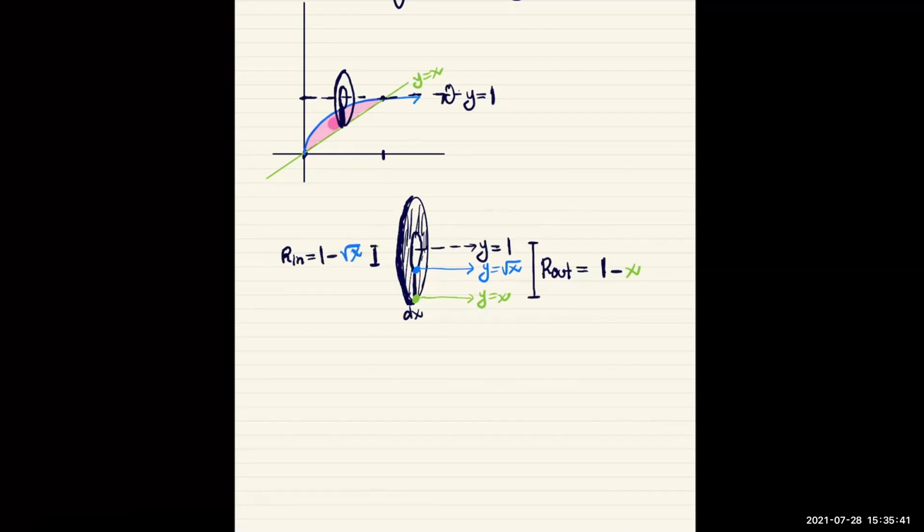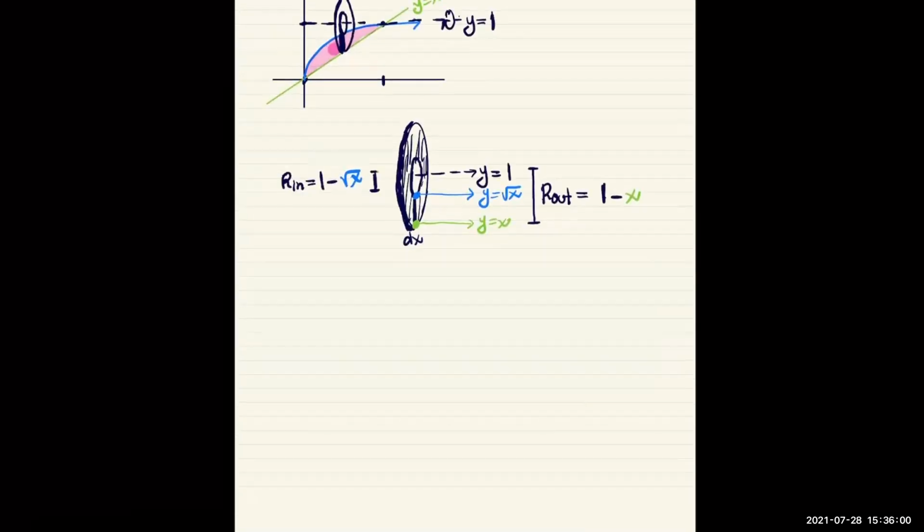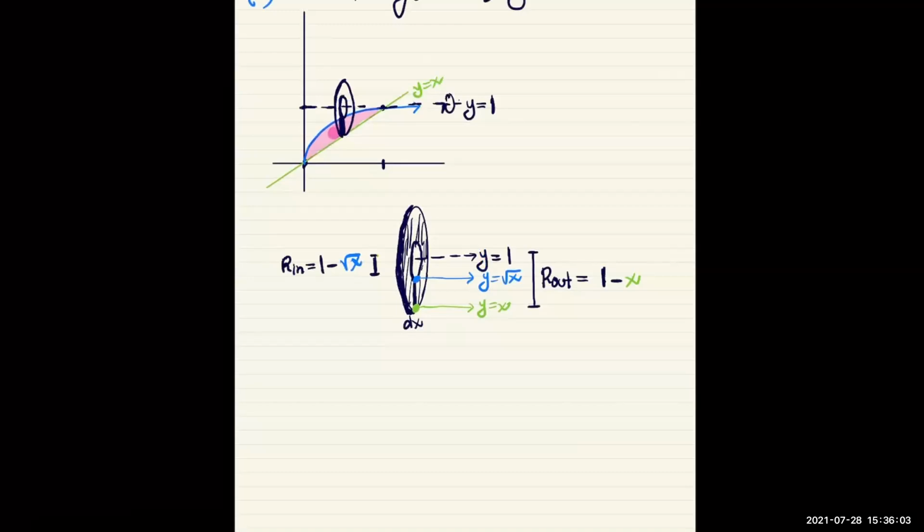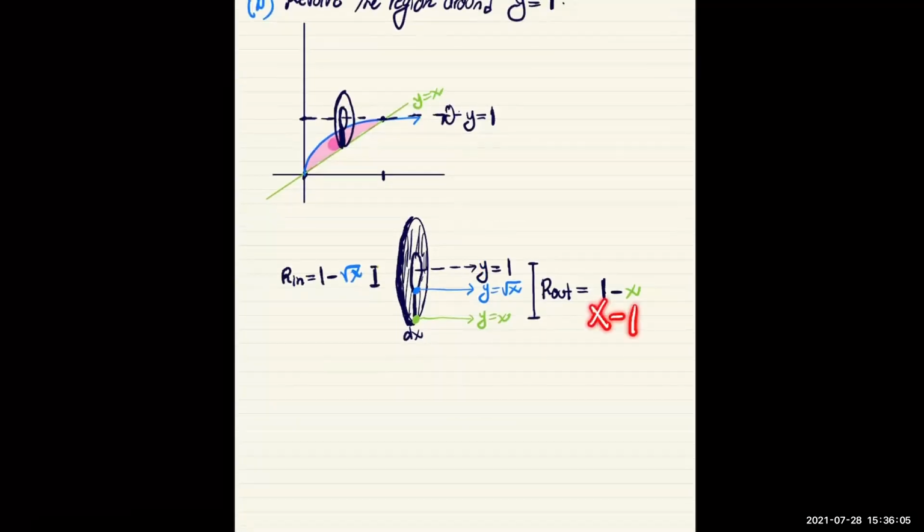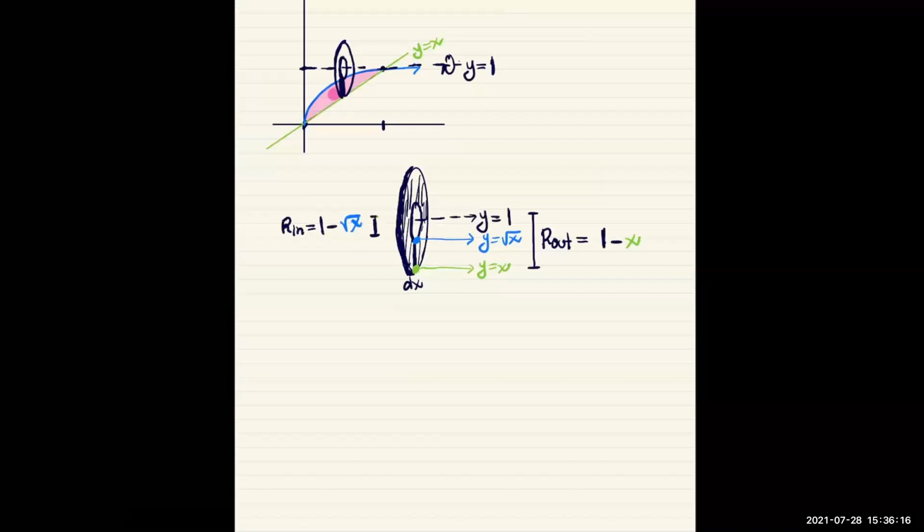If you do root x minus 1, if you were to change the order of these, then the quantity is going to be negative. And that makes absolutely no sense. You don't want a negative radius. Radius has to be positive. Same goes for this one. Like if I do x minus 1, well, obviously here your x's are smaller than 1. The line is below 1. That would have given you a negative radius, and that's nonsense.